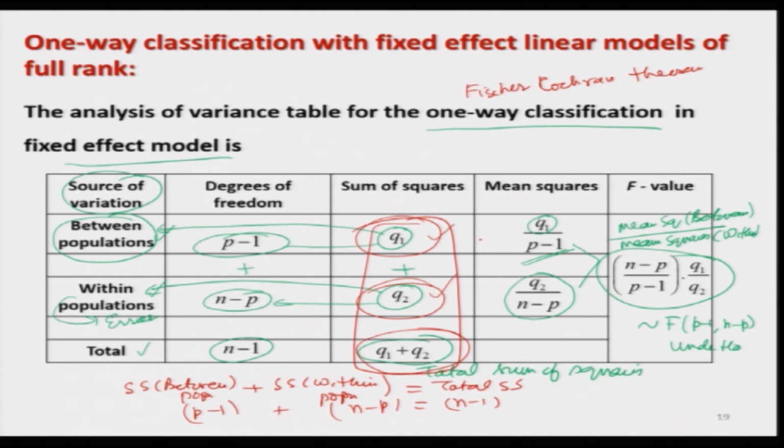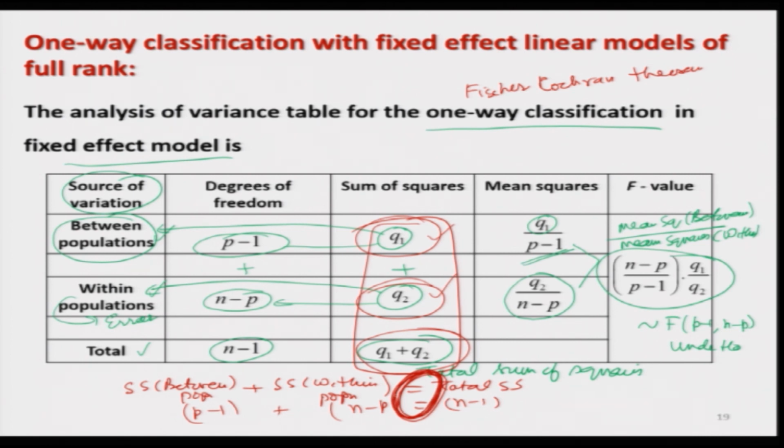Yes, they are. We have proved that Q1 and Q2 are independent. And the total sum of squares is Q1 plus Q2, partitioned into two independent orthogonal components. This is very important for the application of the theorem: the sums of squares should be additive, and this exact equality must hold true for the validity of the Fisher-Cochran theorem.